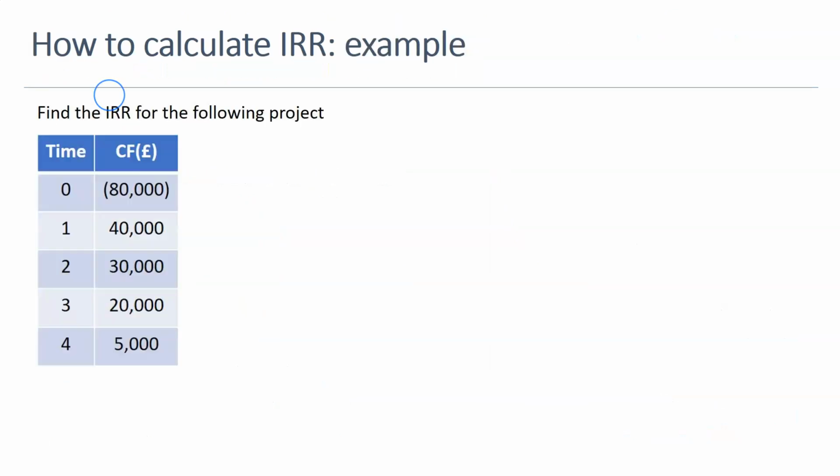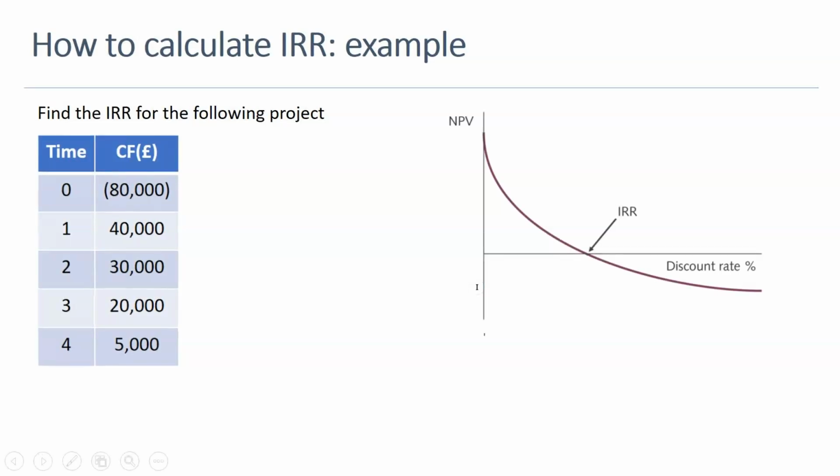Let's see how we can calculate the internal rate of return for the following project. The project lasts for 4 years. Initially, we invest £80,000 and it will generate a certain set of cash flows in the next 4 years. So how can we find the internal rate of return for this project? First of all, we'll need to select some discount rates.